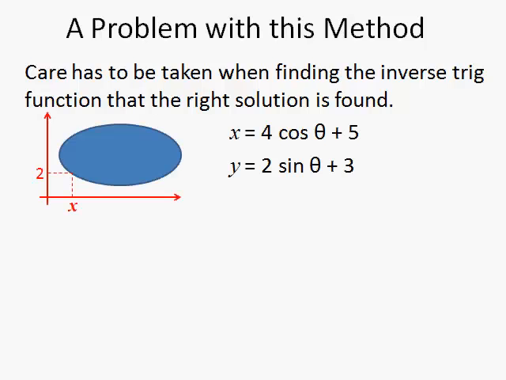We can take an ellipse, and it's 8 wide, 4 either side in this direction, 4 high, 2 either side in that direction, and its center is 5 across, 3 up. And we're asked to find the x value for when the y value is 2.